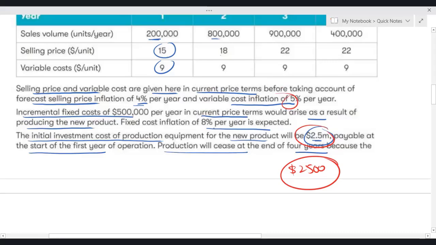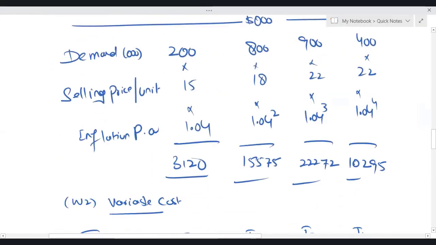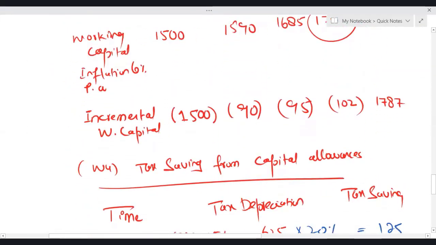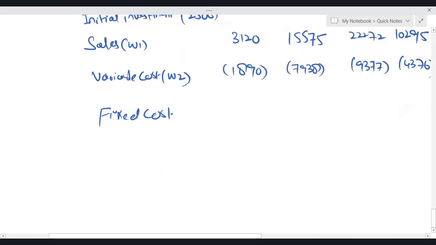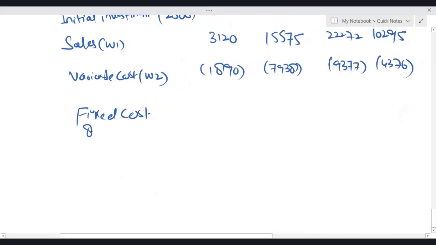So inflation comes from the first year and the inflation rate is 8%. Fixed cost, logically, is increased by 8% from T1 till T4. Just use the calculator.